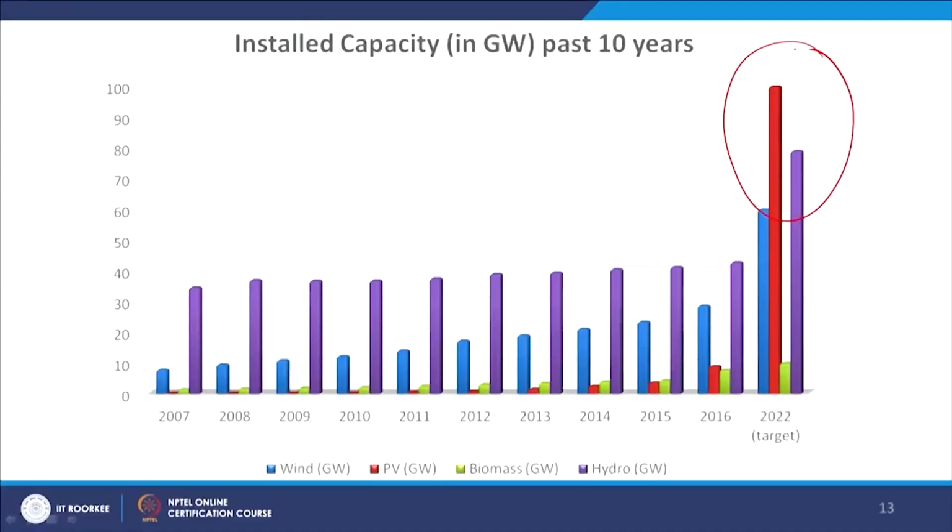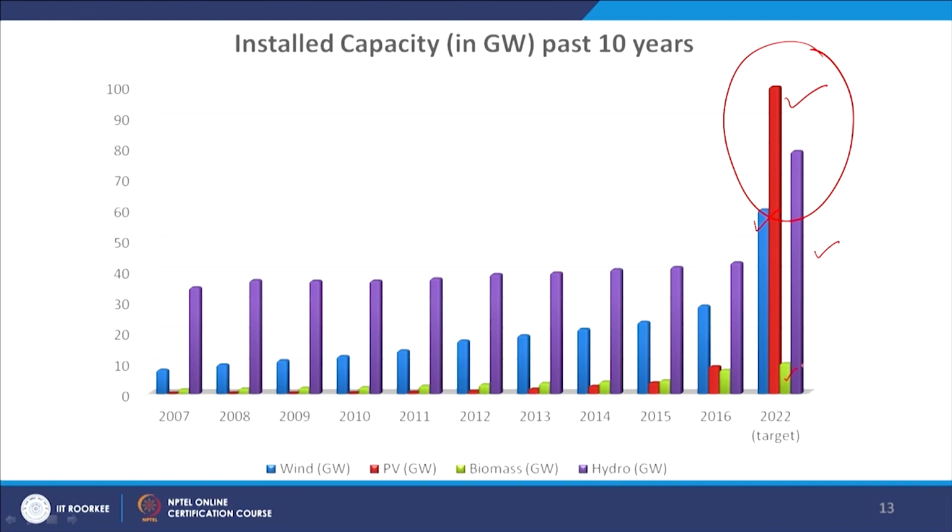But one interesting scenario we can see here, when you come to the year 2020, is that the PV installation will go as close to 98 to 100 gigawatt, which is a great challenge, followed by wind, which is close to 60 gigawatt, then hydro may go up to 78 gigawatt, and biomass may be close to 10 gigawatt.